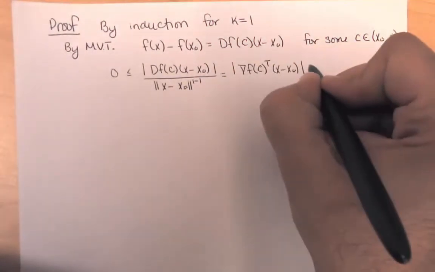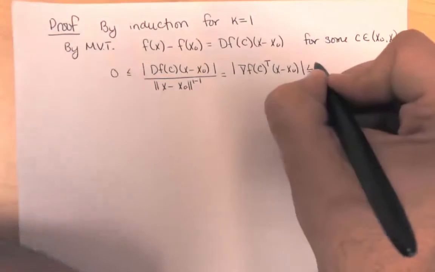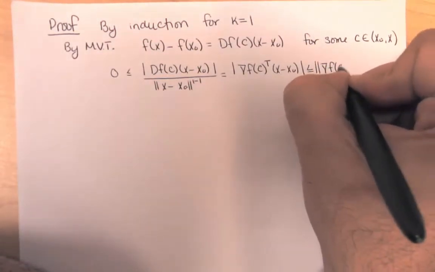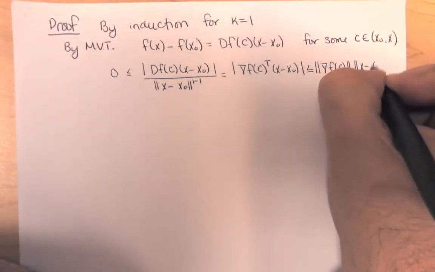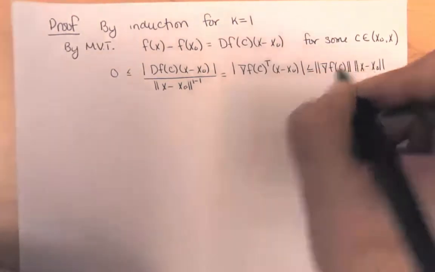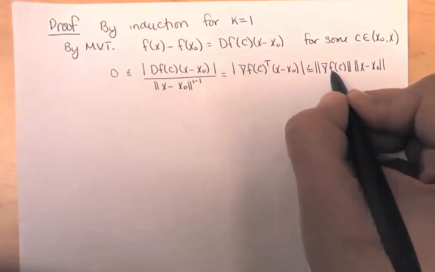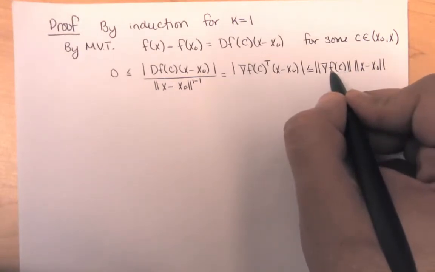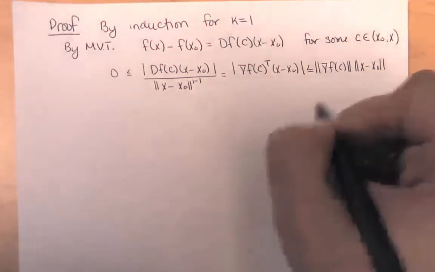That's an inner product, so by the Cauchy-Schwarz inequality, it's less than or equal to the norm of the gradient times the norm of x minus x0. Of course, the gradient is bounded because the derivative is well defined at c and is a continuous function, since we're assuming our function is of class C^r.